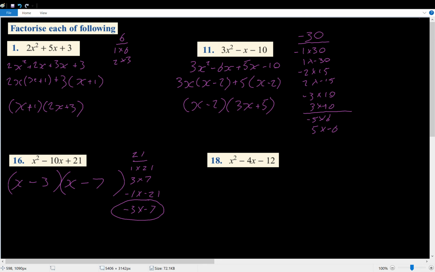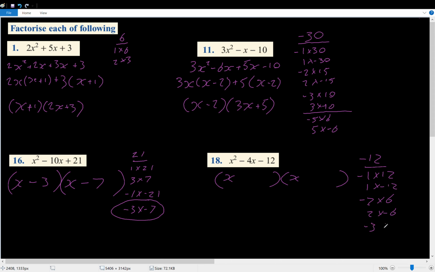We can apply the same reasoning over here to question 18. We jump straight to our brackets. And we've got factors of x and x. And now we're looking for factors of minus 12 that sum to minus 4. So let's go through the factors of minus 12. We've got minus 1 times 12, or 1 times minus 12. Minus 2 times 6, or 2 times minus 6.